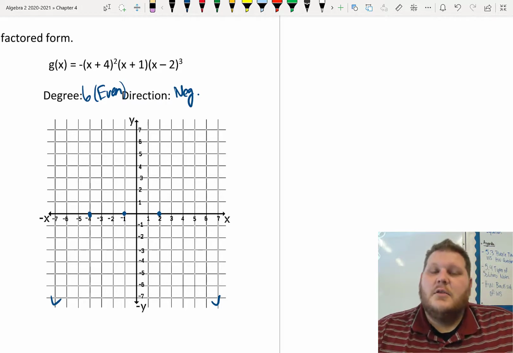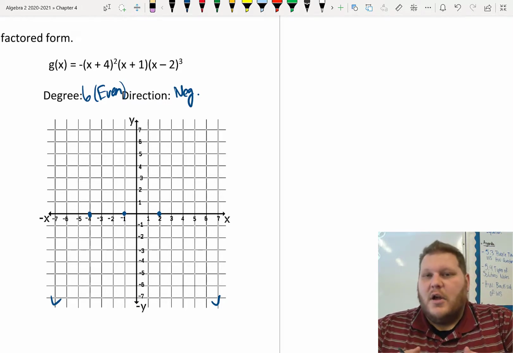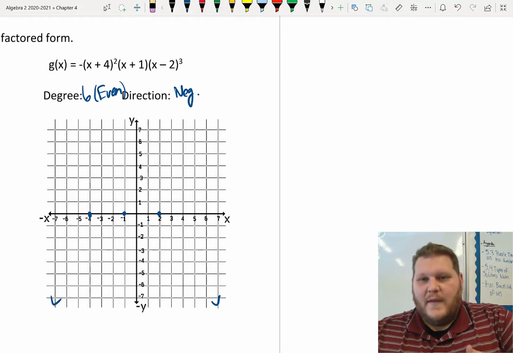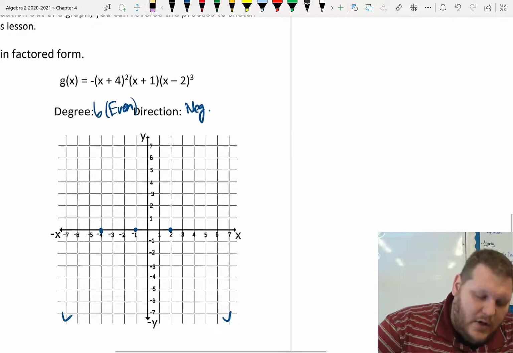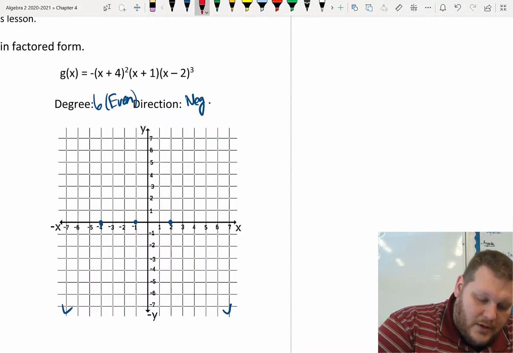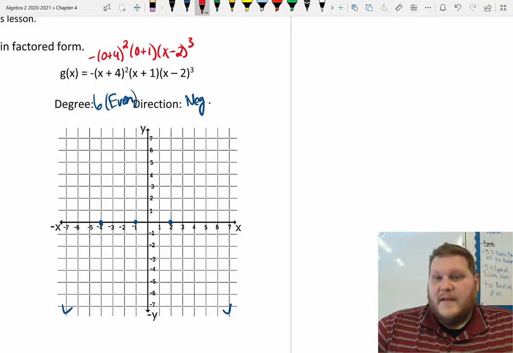So the easier way of getting your constant without having to multiply everything together, we also know that the y-intercept is the point that has the y value when my x value is 0. So all I'm going to do is plug in 0 for my x value, and then solve for y.